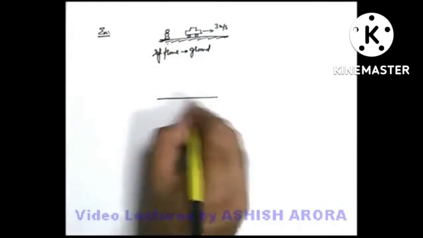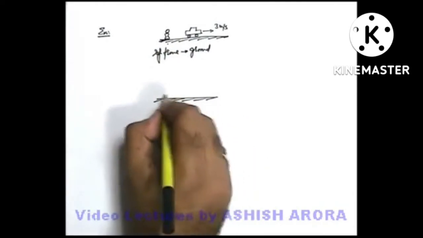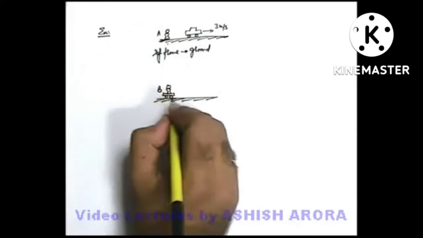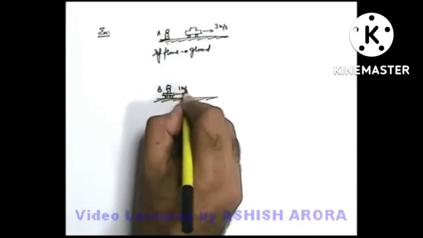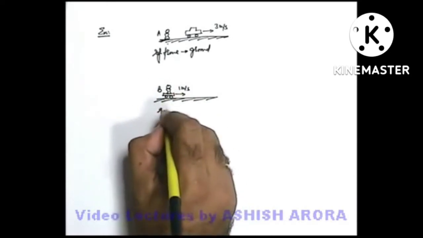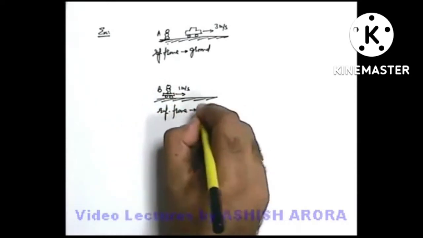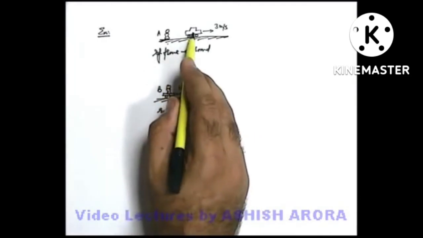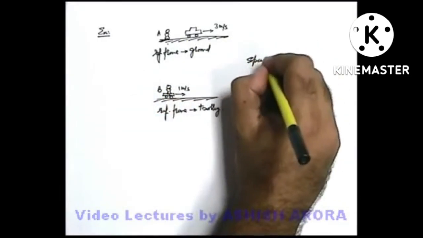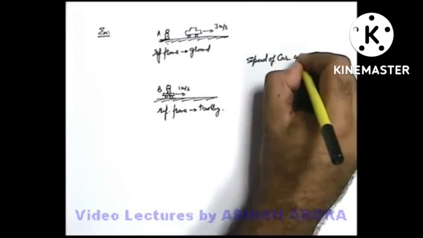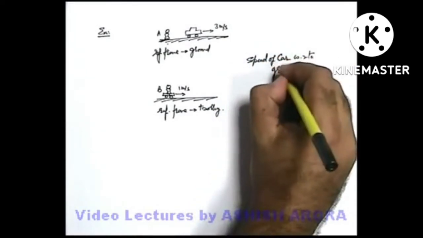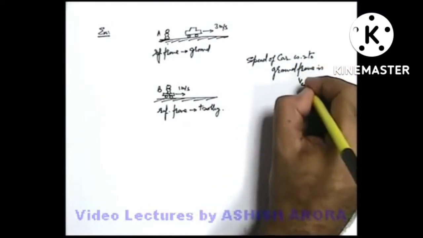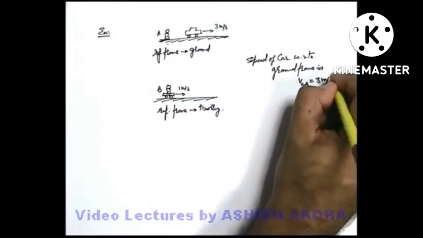Now consider another observer, say this is observer A and this is observer B, who is on a trolley which is moving at a speed of 1 meter per second. Here we can call the reference frame the trolley. From this trolley, observer B is measuring the motion of the car. The velocity of the car as measured from the ground frame is 3 meters per second.